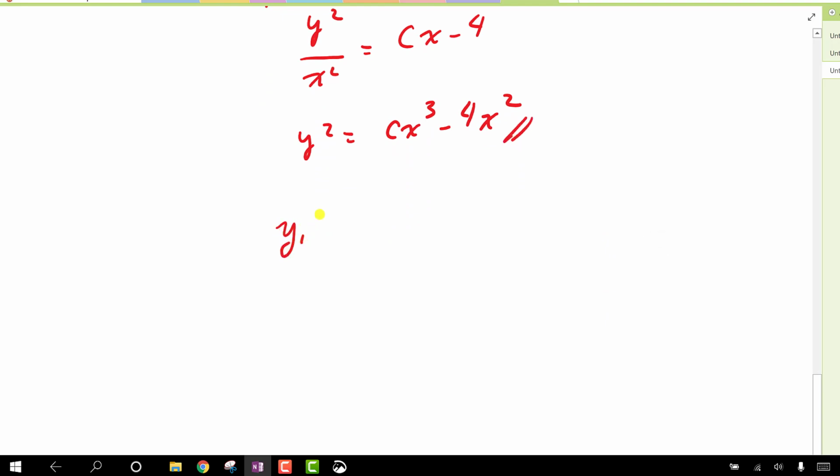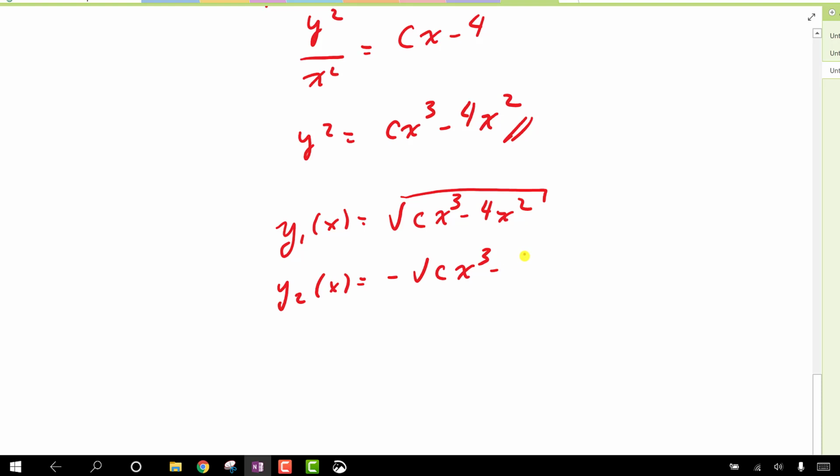Or if you like, we could say y₁(x) is equal to the positive square root of cx³ minus 4x², and y₂(x) is equal to the negative square root of cx³ minus 4x². And these are the explicit solutions. I think this is better.